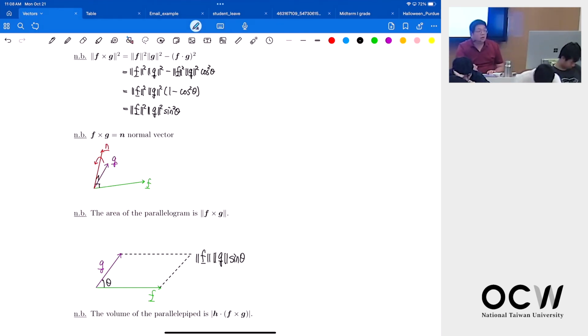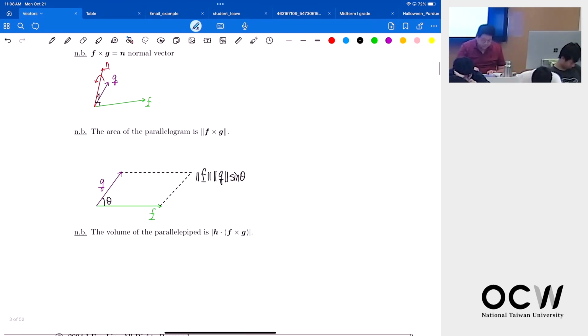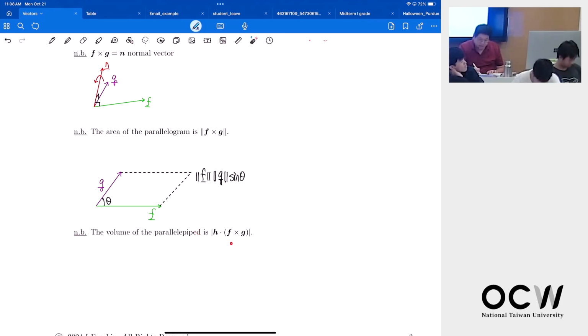Right, next, the volume of the parallelepiped is here. You do the cross product and then the inner product, the dot product, and then take the magnitude.